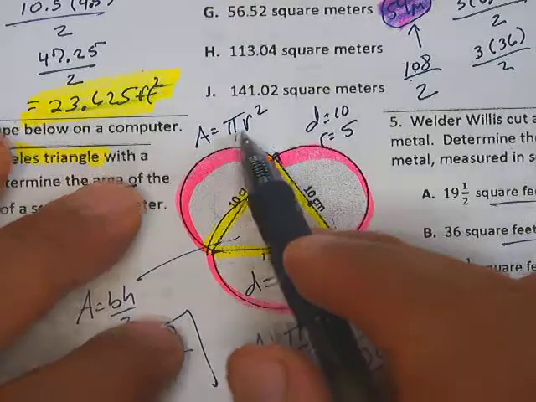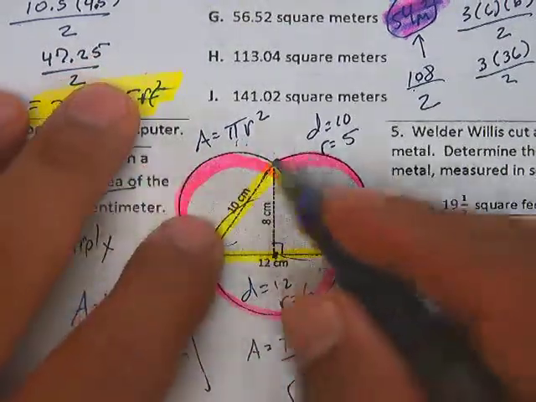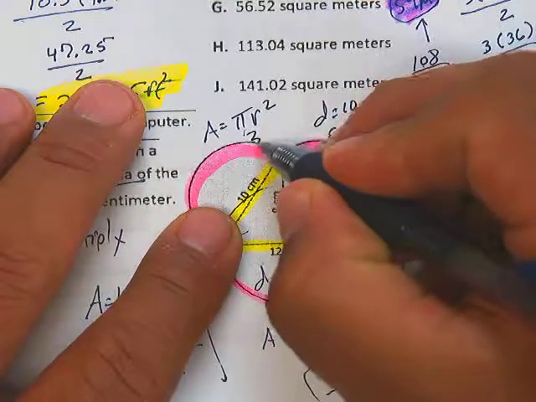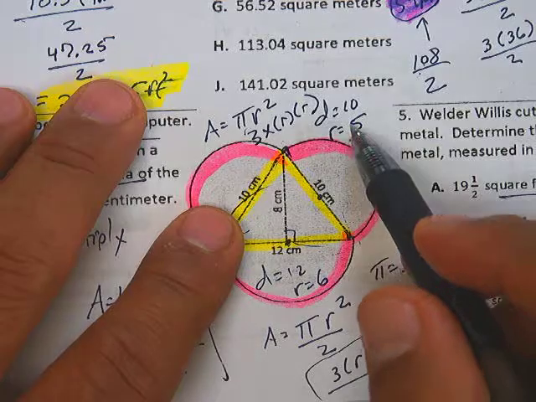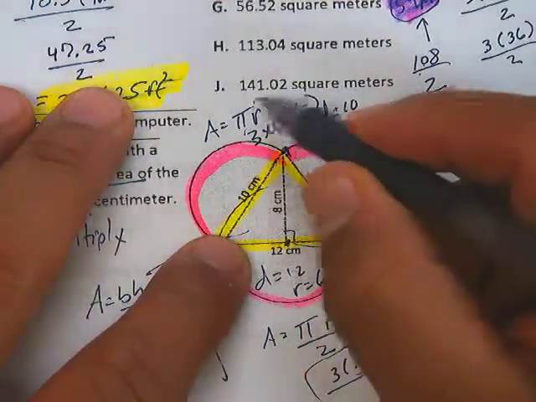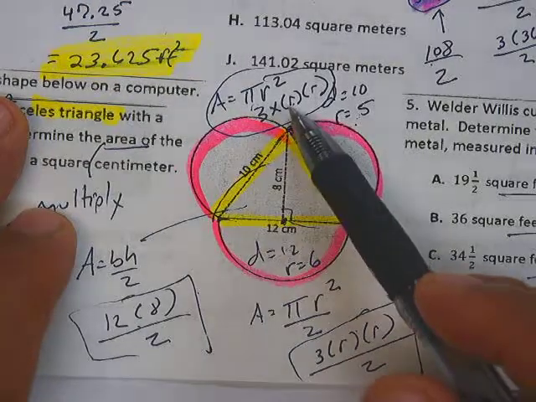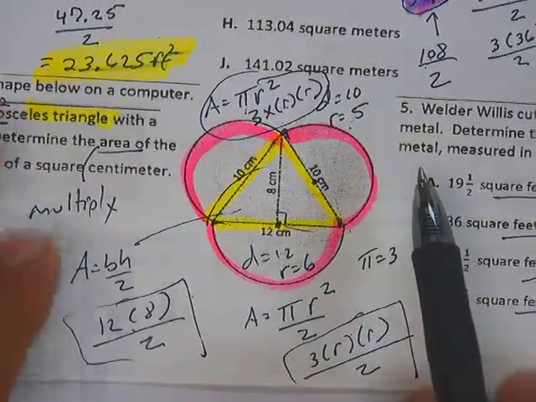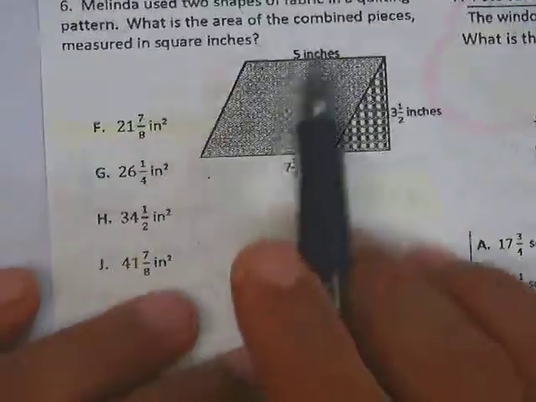You can use pi times radius squared. You're not going to divide by 2, because you have 2 halves that make one whole circle. So let's just put pi, which is 3, times the radius times the radius. Now you're going to have a third answer. You're going to get those 3 answers and add them together, and that'll give you your final answer.